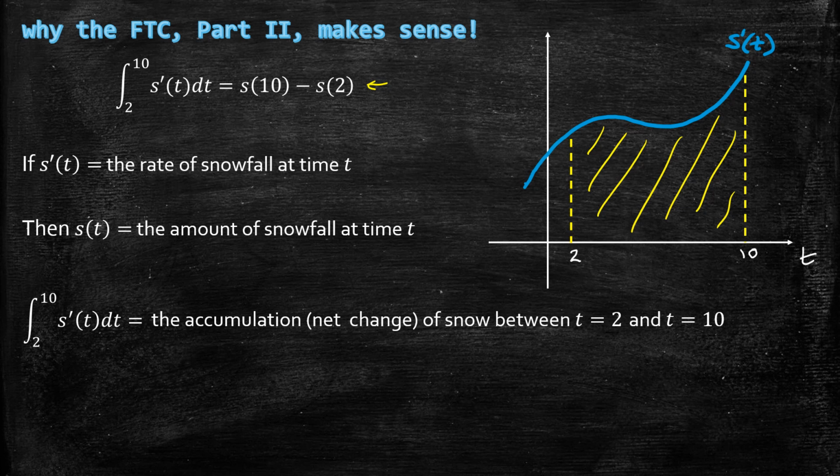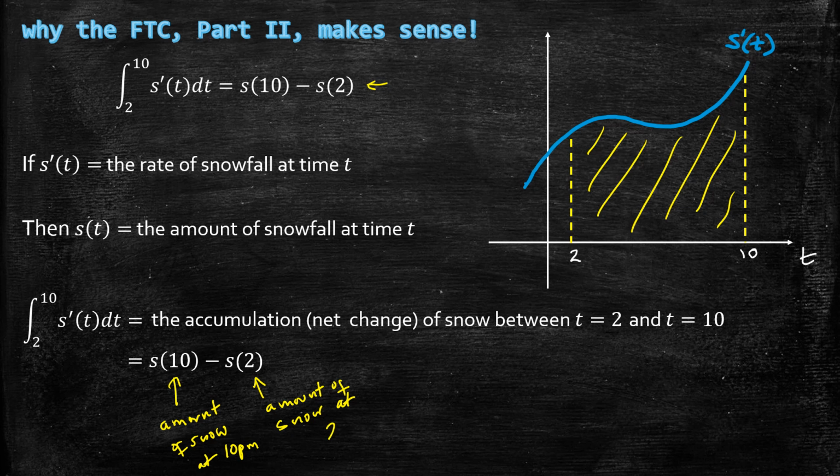Doesn't it make sense that the way you'd find the accumulation is to take the amount of snow at, say, 10 p.m., and subtract out the amount of snow that had already fallen at, say, 2 p.m.? Surely that difference would give the accumulation of snow between those two times. So this is a really nice way to make concrete sense of the fundamental theorem of calculus.